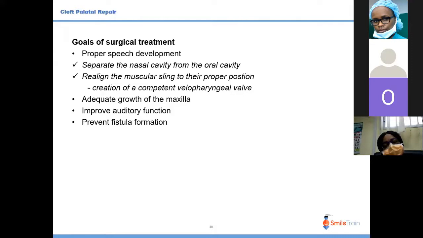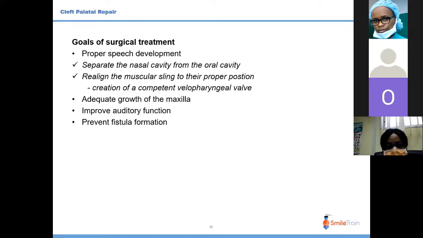So what are the goals of surgical treatment? The goals of surgical treatment are that we want to separate the nasal mucosa from the oral mucosa so that the patient will be able to speak properly. In doing this, we want to be sure that we are realigning the muscular sling properly to their position so that they can move and create a competent velopharyngeal valve. We also want to ensure that the patient has a maxilla that is properly developed, or that grows properly, because we don't want a constricted maxilla.